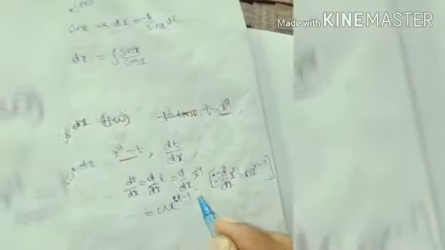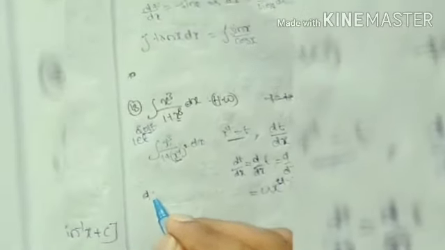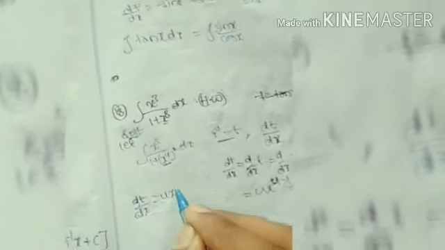Here n is 4, so 4 into x power 4 minus 1, that is 4x power 3. So dt by dx is equal to 4x power 3.